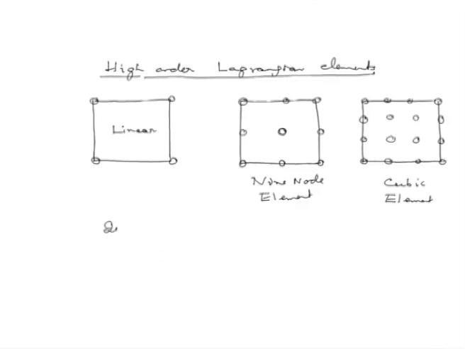If we do not want these interior nodes, we can go for what we call quadrilateral or rectangular elements of the serendipity family. The linear one, of course, did not have any node in the middle, so we do not have to worry about it.